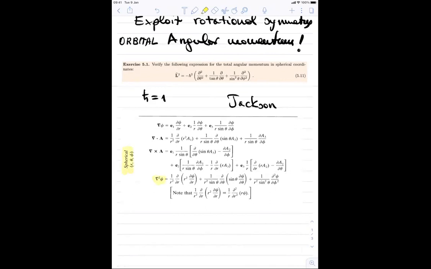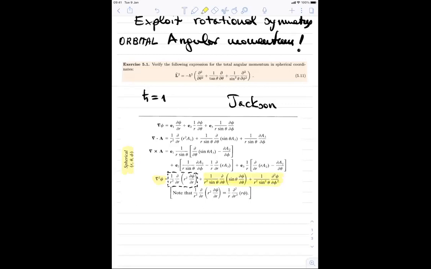And I would like you to notice the following thing. There are two terms. The first term is involving radial derivatives. We'll see it later. Most interestingly, there is a second term, which involves derivatives with respect to theta and phi.